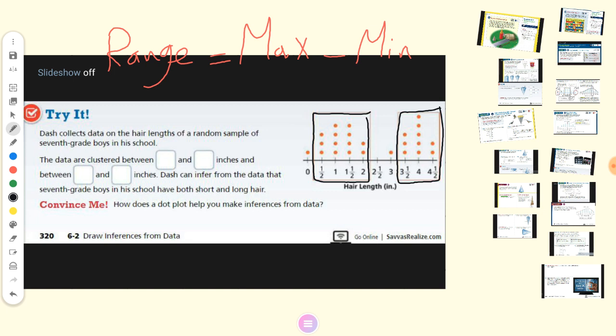The data is clustered between half and 2, and also between 3.5 and 4.5. Dash can infer from this data that 7th grade boys in his school have both short and long hair. This is the conclusion of his survey.